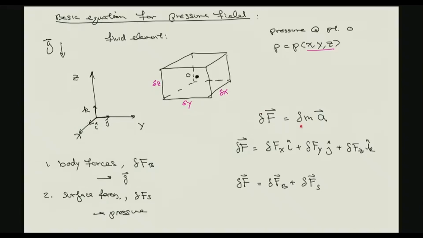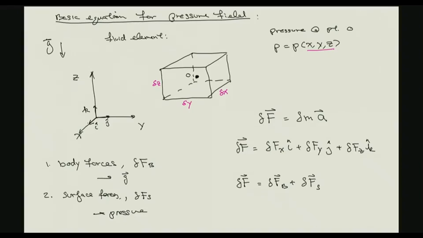So this infinitesimal mass associated with the fluid element times the acceleration of the fluid element. So this is just Newton's second law applied to our infinitesimal fluid element. And it's a vector equation. So this delta F, the resultant force on the fluid element, is a vector. So there would be an x, y, and z component in the three directions.